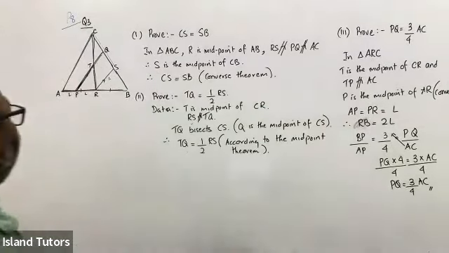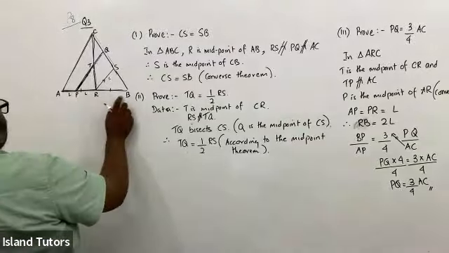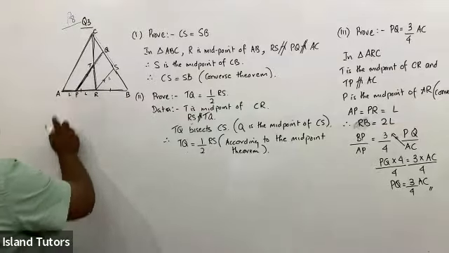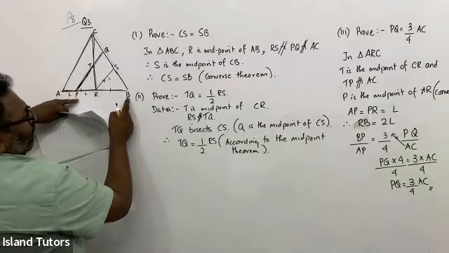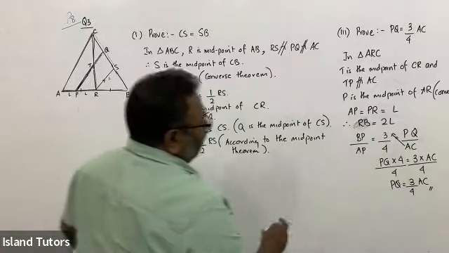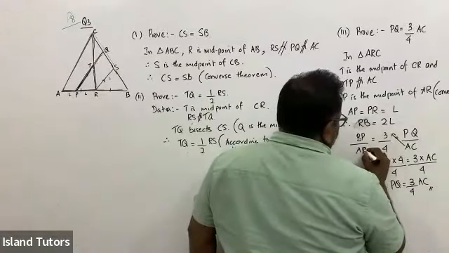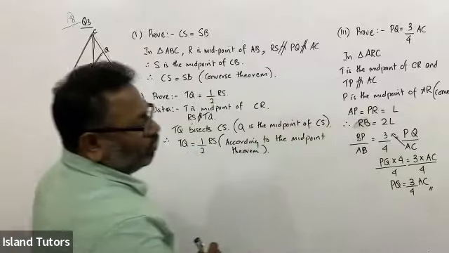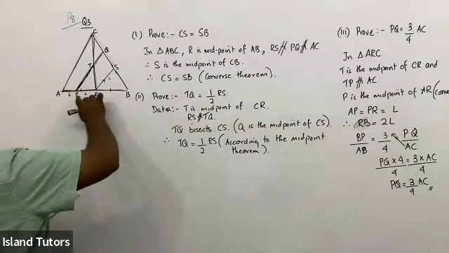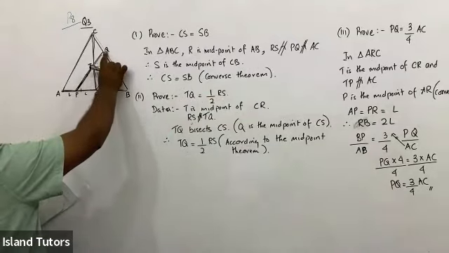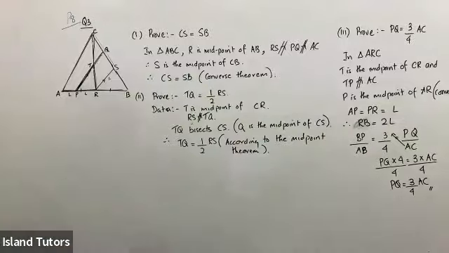Okay. BP is to AB, not AP, it's AB, is 3 is to 4, which is equal to PQ is to AC. How is that?